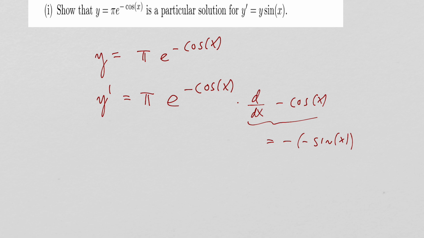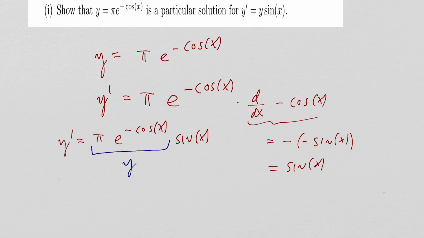The minus signs cancel out and we get just sine. So the derivative is pi times e to power minus cosine of x times sine of x. Now we can recognize that this function here is y. So the derivative of y is y times sine of x. That was the thing we were supposed to show. It is true.